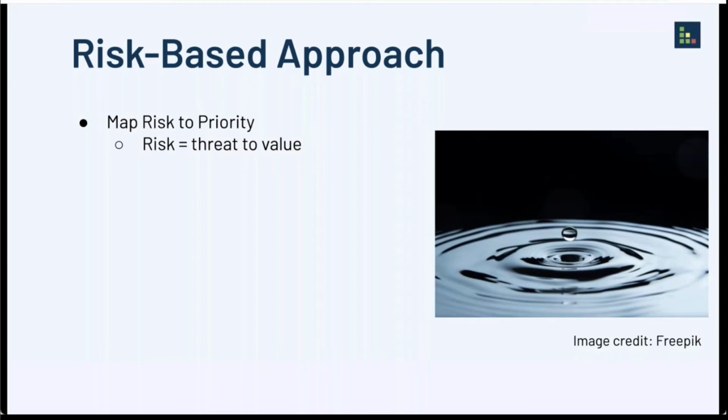So in particular, the way that we think about risk in practice is thinking about mapping risk to priority. And this is an image that I found helpful to think about some of that too. It's sort of like the drop in the bucket, right? Think about what's the highest risk.